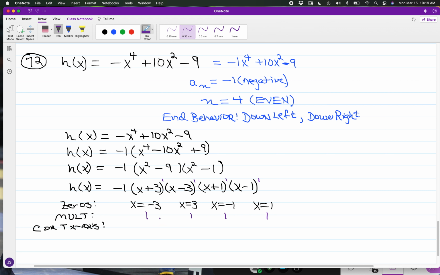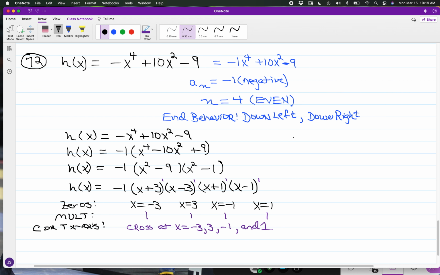Since all the multiplicities are identical and the value is odd, at all of these zeros the graph is going to cross. It crosses at x equals negative 3, 3, negative 1, and 1. So you have nothing but crossing the x-axis.